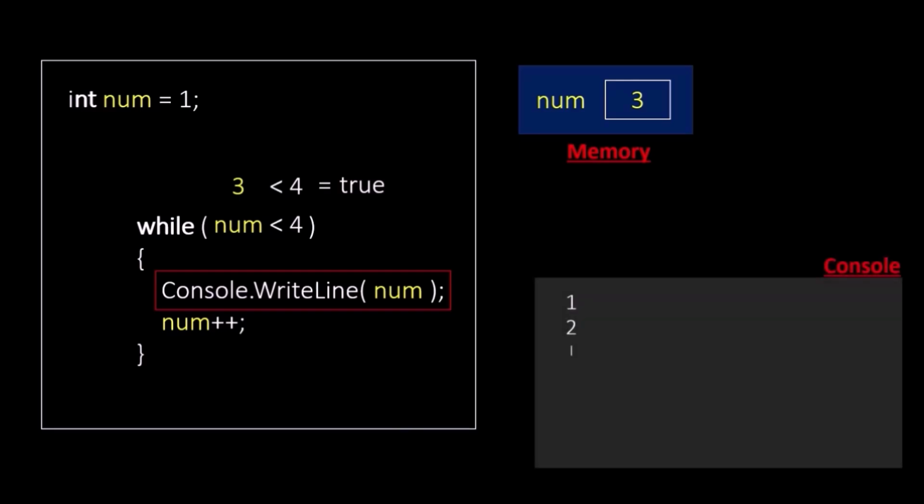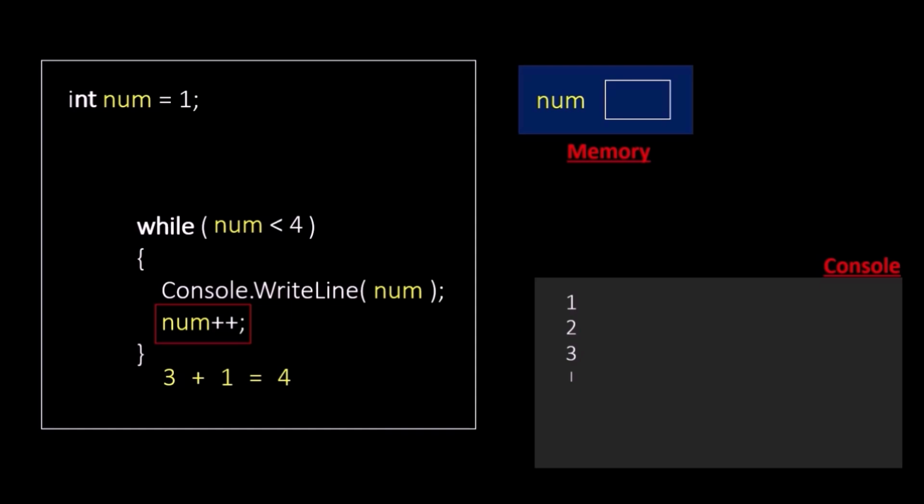The statement Console.WriteLine prints the value 3, the current value of num, to the console and moves to a new line. Then, the statement num++ is executed, which increases the value of the variable num by 1. This means 3 plus 1 equals 4. So the new value of num becomes 4.